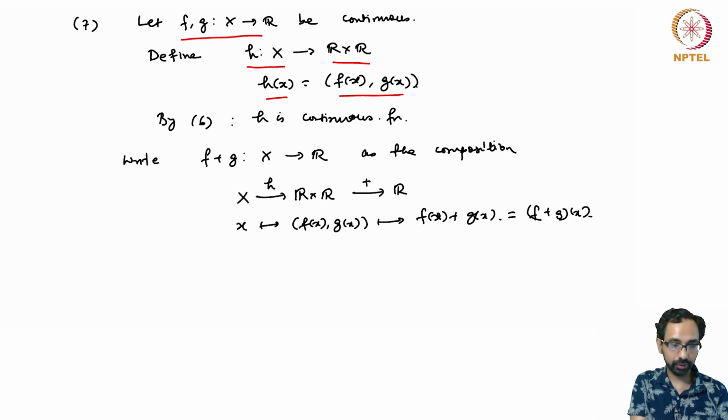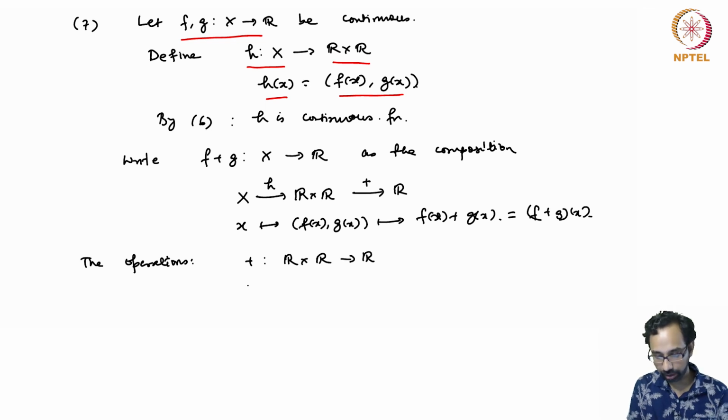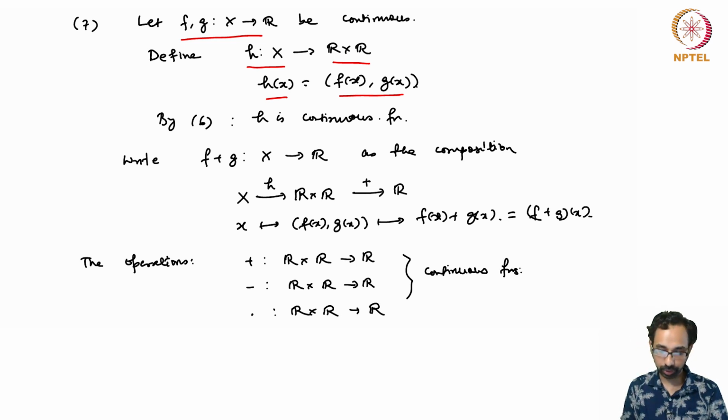And now we use the fact that the operations addition from R cross R to R, subtraction from R cross R to R, and multiplication from R cross R to R are all continuous functions. You might have seen this in a calculus course, and it is possible to also prove it using the methods we have described now.